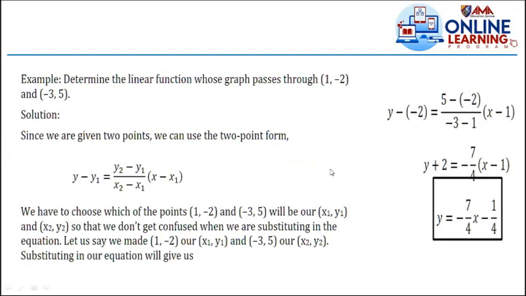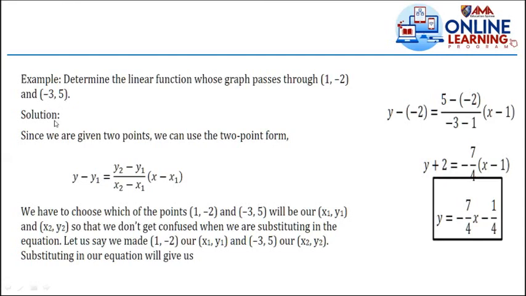So we have your example. Determine the linear function whose graph passes through (1, -2) and (-3, 5). With this one, this represents your x1, this one represents your y1. This one represents your x2, this one represents your y2.